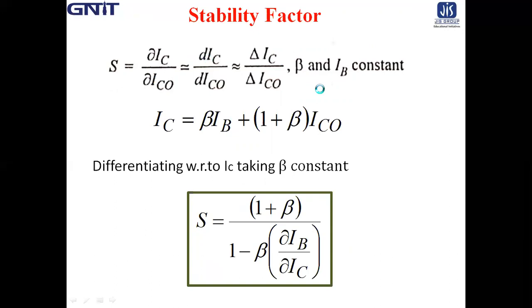A lower value of stability factor means less instability of the Q point. In other words, a high value of the stability factor indicates poor stability, while a lower value of S indicates good stability.